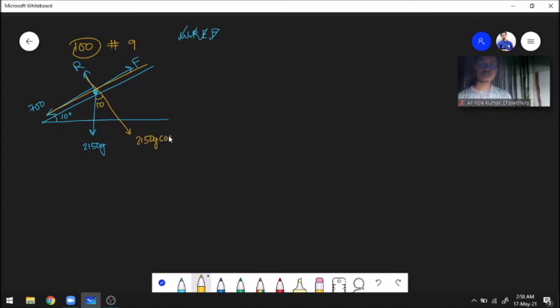This is the cos component because this line contains the angle, and automatically this is the sine component, 2150g sin 10 degrees. But we already have the 700, so add these two together. We have broken our weight, so cut this weight and circle the forces at the ends of the four axes. These are the forces that we have to work with.